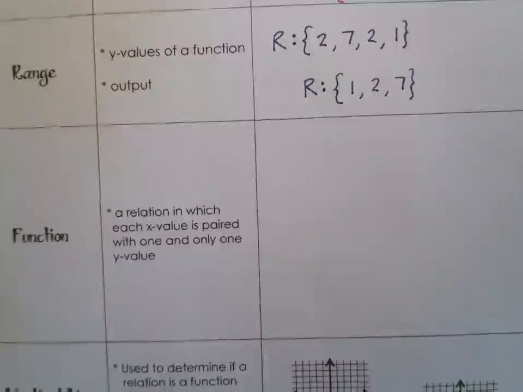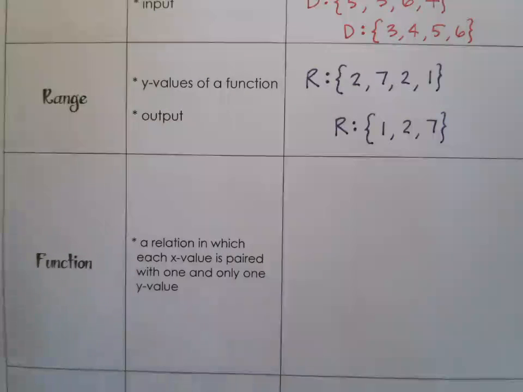All right, next up, talking about a function. This is a difficult concept to understand, but as you get further in math, there's lots of different types of equations, and somebody, not me, decided that a function would be a relationship where each x value is different. So we're not going to have two of the same x's.